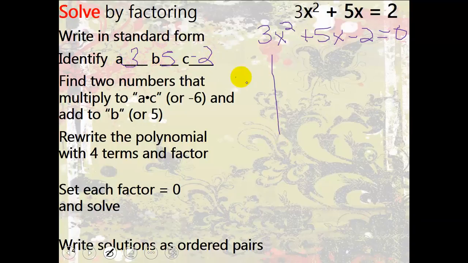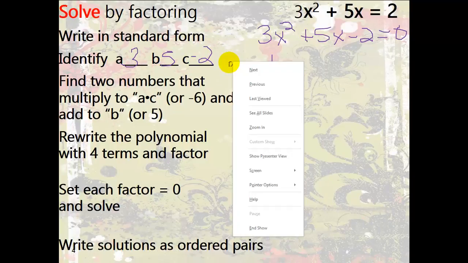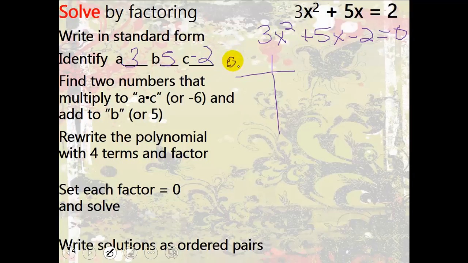So we're looking for two numbers that multiply to equal -6 and add to equal 5. All right? So let's try 1 and 6.